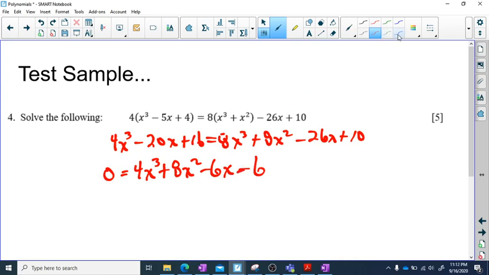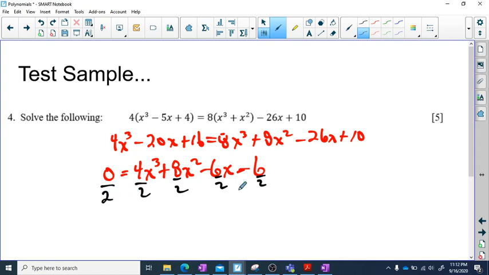One thing that I notice here that you should watch for, notice that all of these, 4, 8, 6, and 6, are divisible by 2. Because it's an equation, one of the things you can do with equality is, as long as you do the same thing to both sides of an equation, you will still have equality. So if I divide all of these by 2, I'm allowed to do that, provided I go to the left side and also divide it by 2.